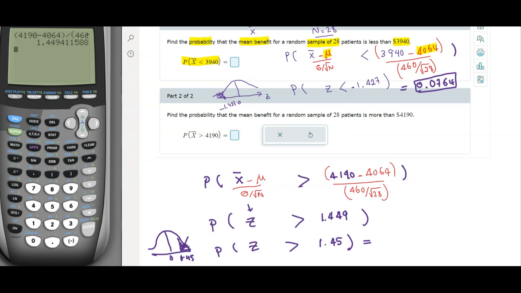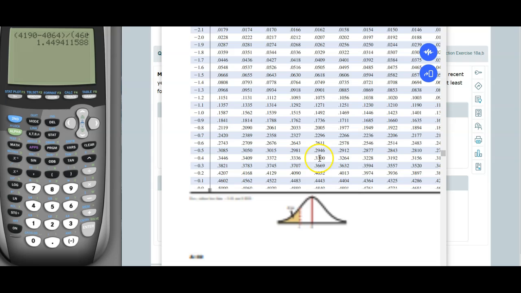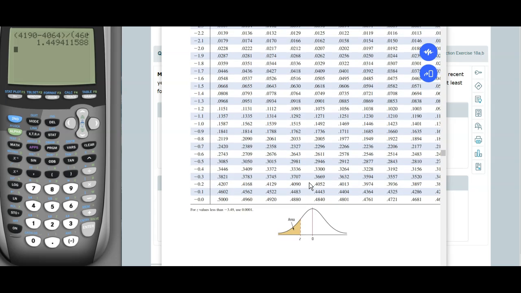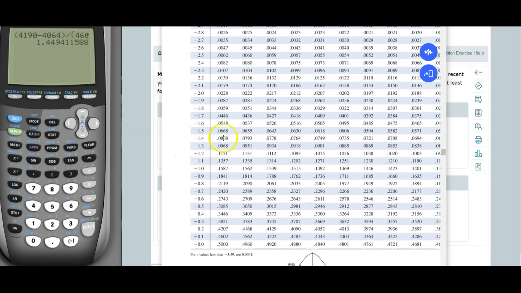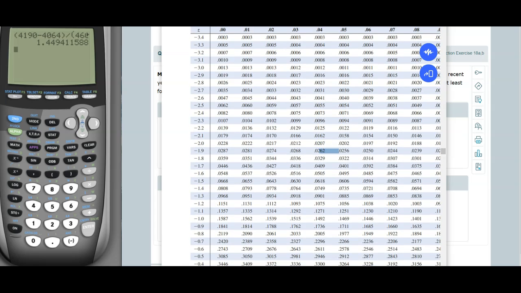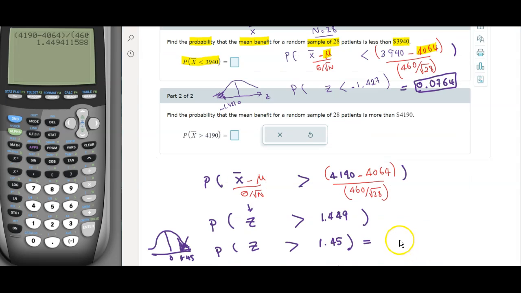In my table here, I am going to the small tail table, although this is on the left side and I am looking on the right side, but by symmetry I can look for minus 1.45. The 5 is right here, this column, 1.45, and that should be 0.735, so this is going to be 0.0735.